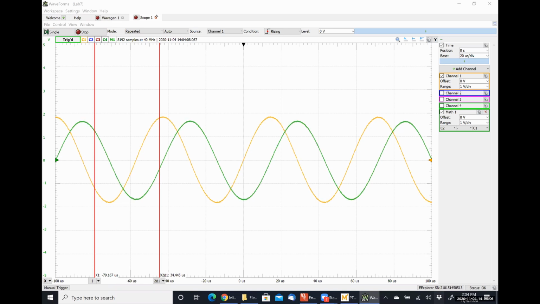So the yellow hits its peak and then the green hits its peak. So the yellow is the voltage, the green is the current. So we could say that the voltage leads the current or the current lags the voltage. All right, in an inductor, the current should always lag the voltage.